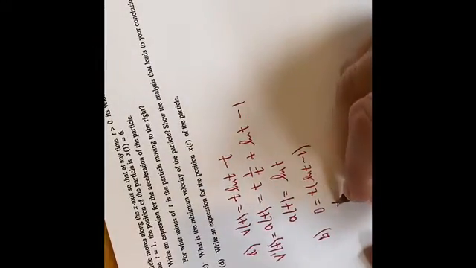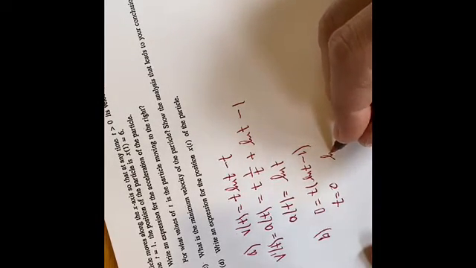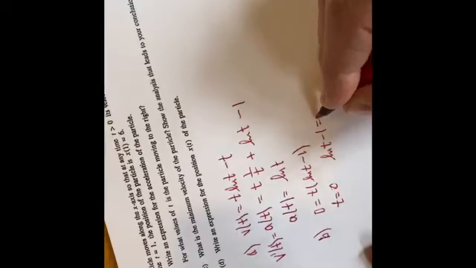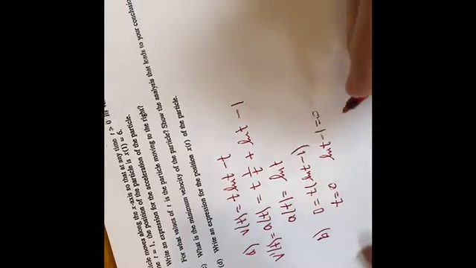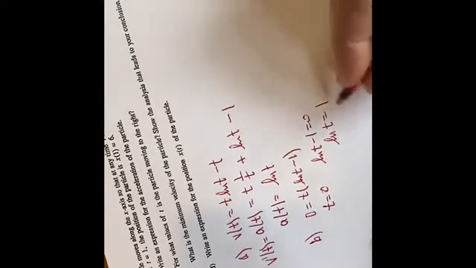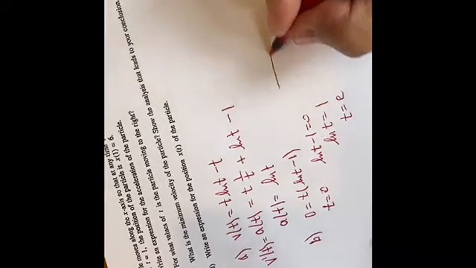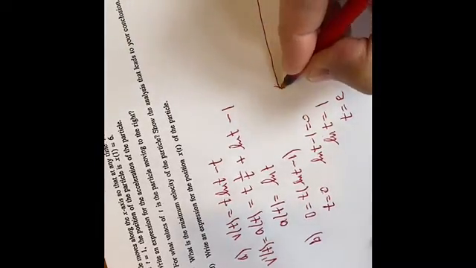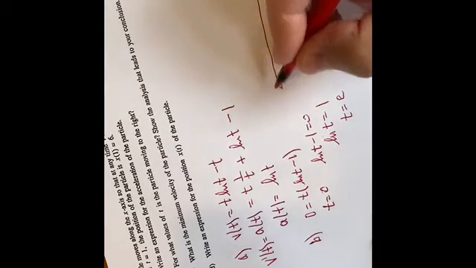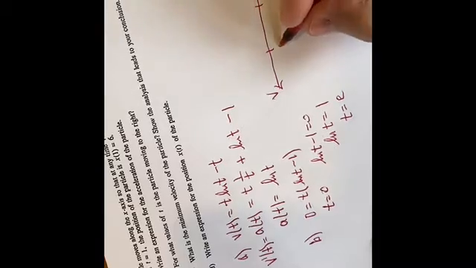So t equals 0, and natural log of t minus 1 equals 0. And the natural log is 1 when t equals e. Okay? We've got two numbers, 0 and e.